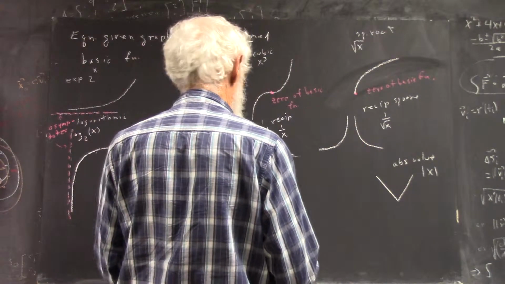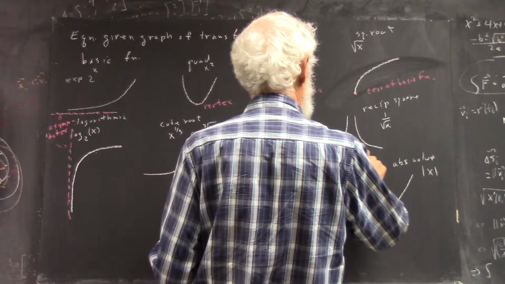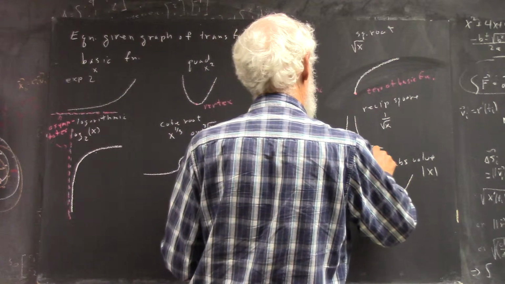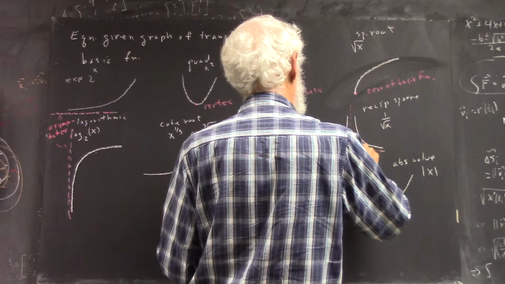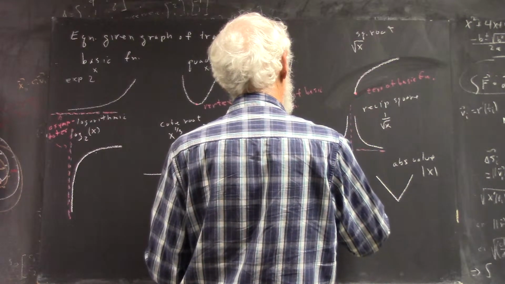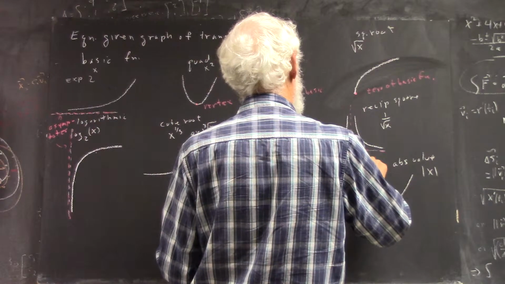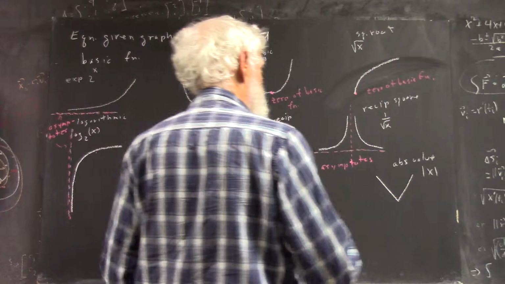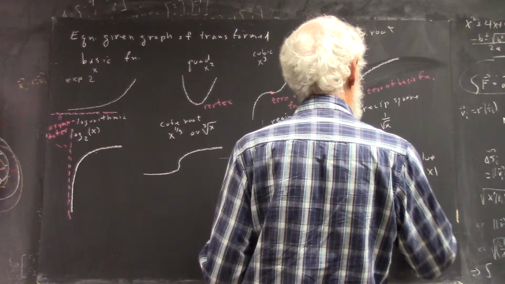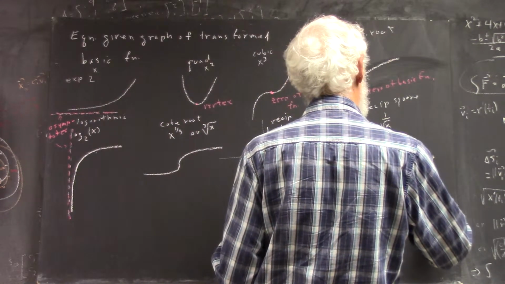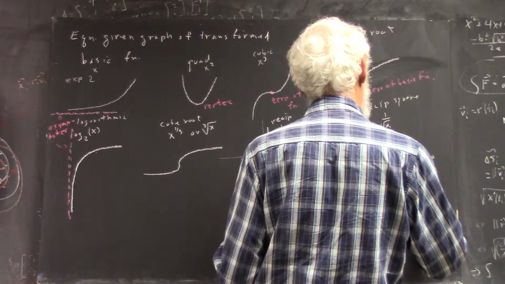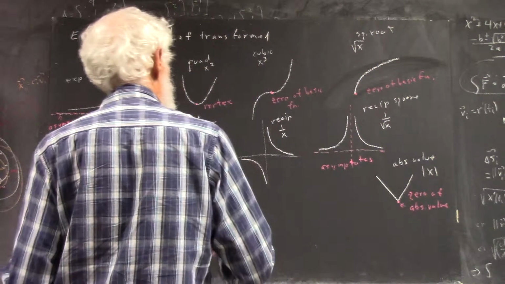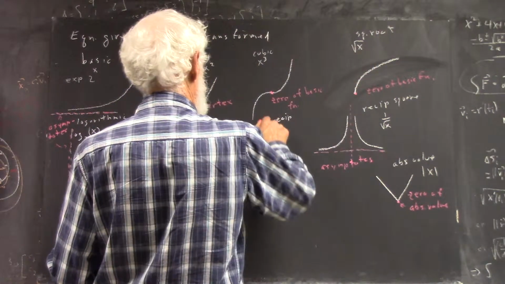Reciprocal square, you have, again, your asymptotes. And for the basic function, those asymptotes would be the x and y axis. Absolute value, this is a zero of your absolute value function. For the 1 over x, again, the asymptotes.